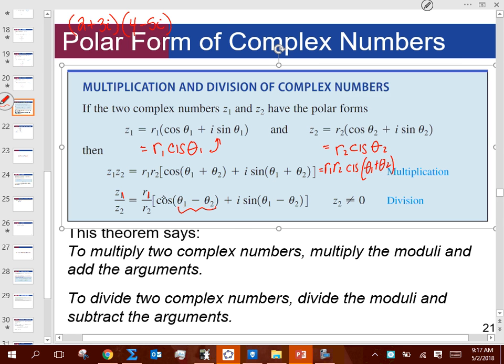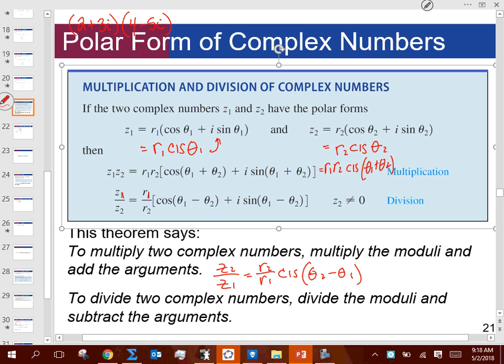Okay? So just be careful when we do that. For instance, I guess what I'm trying to say here is when I want something like z2 over z1, that is going to look like r2 over r1 cis theta 2 minus theta 1. Does that make sense to everybody? Okay. Division order matters. You got to pay attention to that.